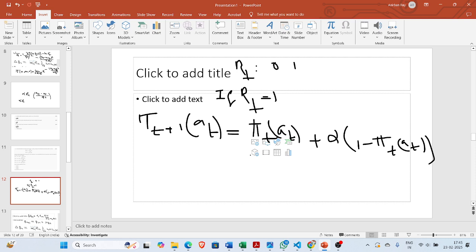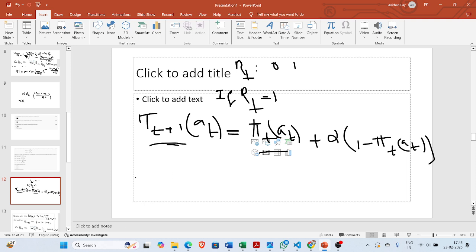This is the update rule. For pi t plus 1 for a t, we are doing this. What does it mean? The previous estimate is this. This is a probability, so if you subtract it from 1, what is left out may be the error. Alpha times that, we get the new one.